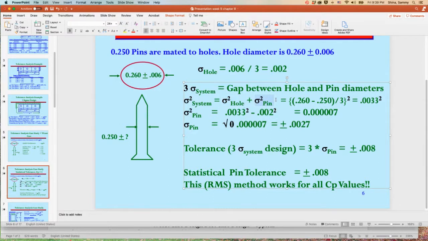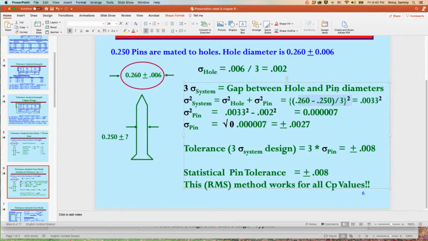So essentially, the difference between the hole and the pin is 260 minus 250. Remember, we're using nominals here. 260 minus 250, it's 3 sigma design, which is divided by 3, squared.